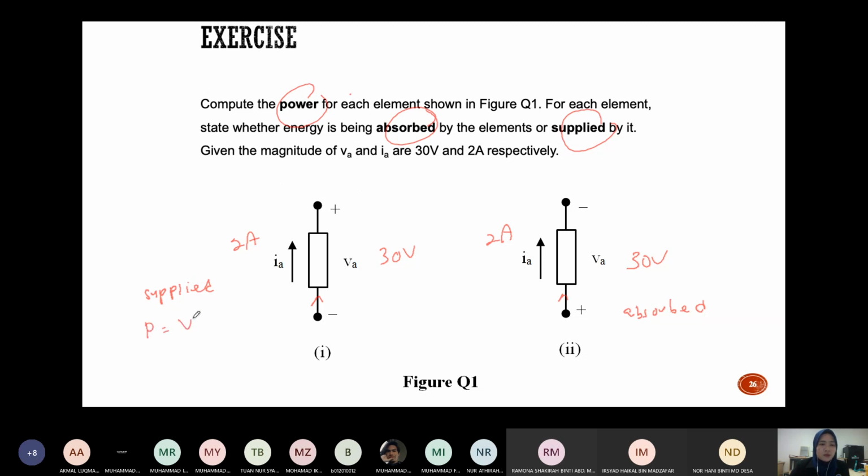Power is VI. The V is 30 volt. The current is -2 because it is supplied. Correct. So 30 multiplied by -2, you will get -60 watt. For this one, P equals VI, V is 30, I is 2, so you get 60 watt.